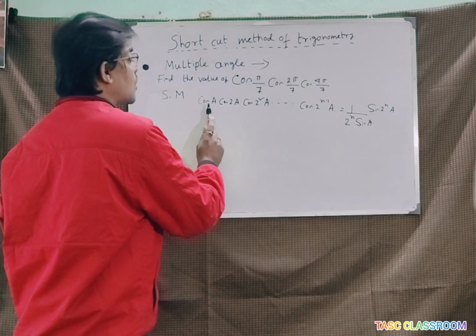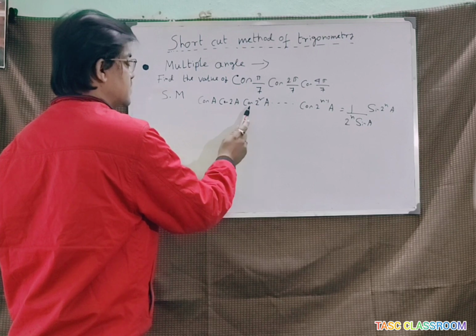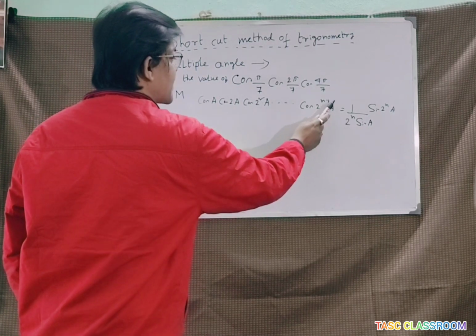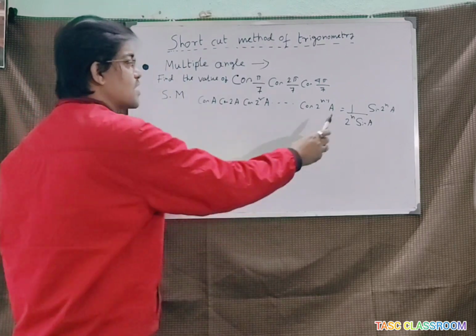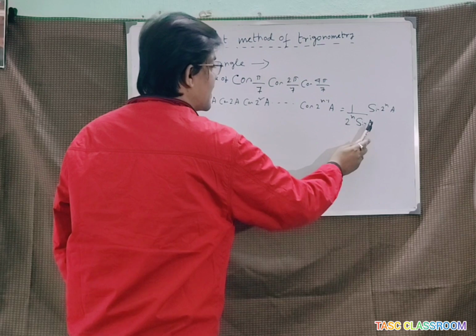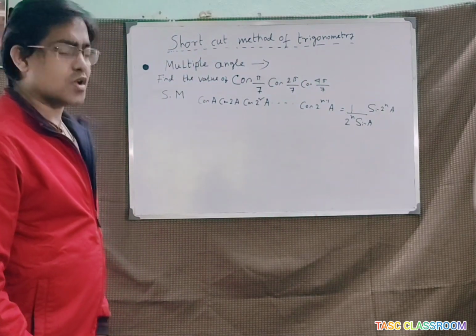The value of cos A, cos 2A, cos 2 square A, up to cos 2 to the power n minus 1 A is equal to sin 2 to the power n A by 2 to the power n into sin A.